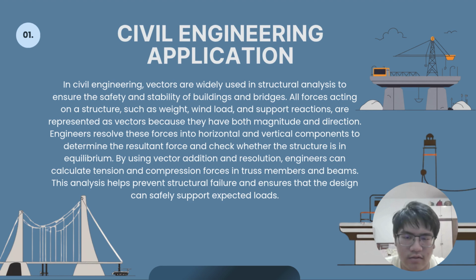Engineers resolve these forces into horizontal and vertical components to determine the resultant force and check whether the structure is in equilibrium. By using vector addition and resolution, engineers can calculate tension and compression forces in truss members and beams. This analysis helps prevent structural failure and ensures that the design can safely support expected loads.